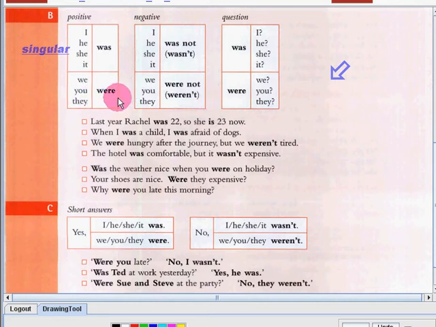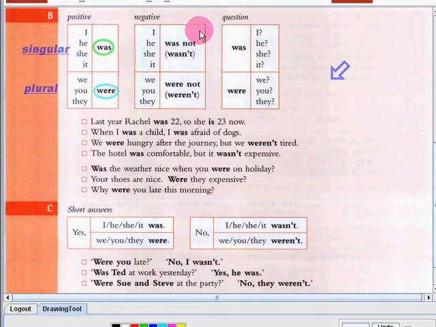We were. You were. They were. So again, everyone, our pronouns here are all plural, so they will take the plural form of the verb were. Now, let's go on to the second box.